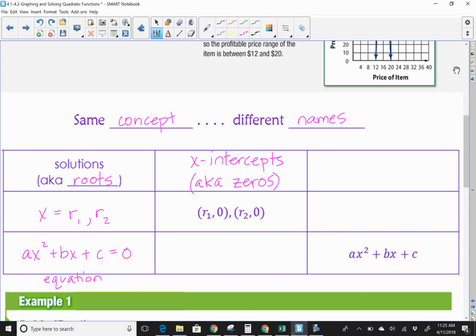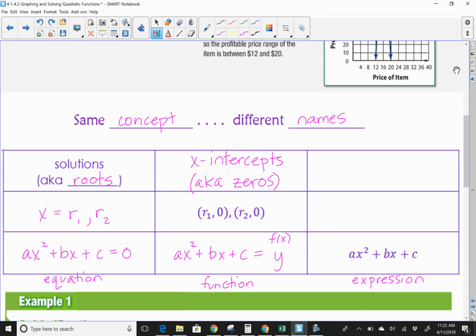Now, as I just said, x-intercepts and y. That means it's not an equation anymore. It's a function. Ax squared plus bx plus c equals y, or f of x, either one. But the point is we have two variables, and it's called a function. And then last but not least, we have something that is called an expression.